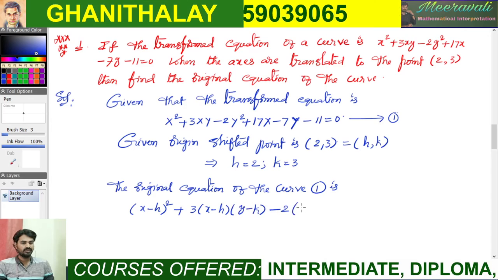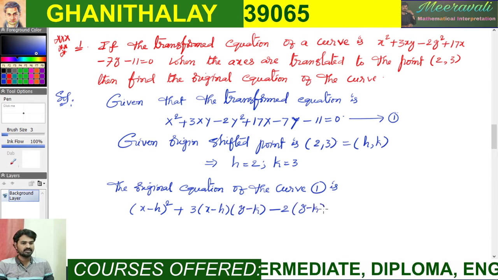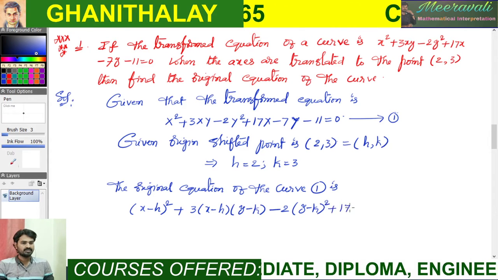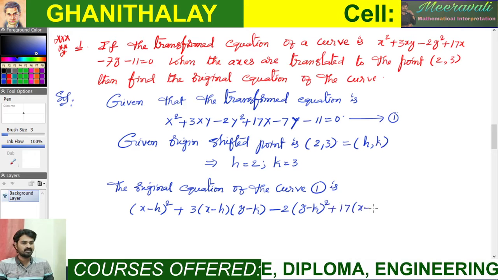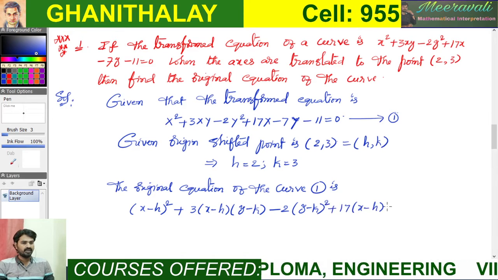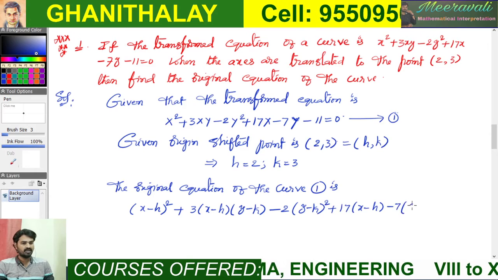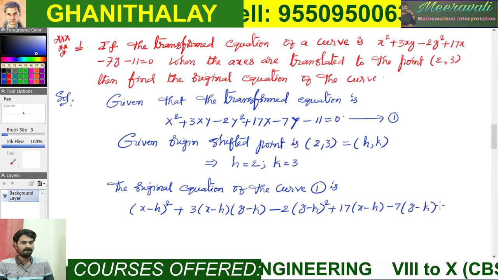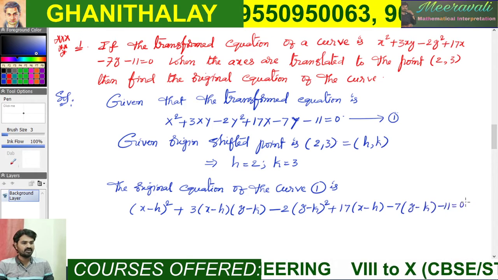Next, minus 2 into small y minus k whole square, plus 17 into small x minus h, minus 7 into small y minus k, minus 11 is equal to 0.